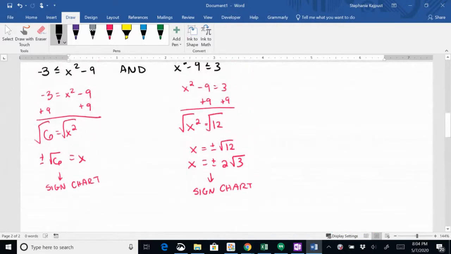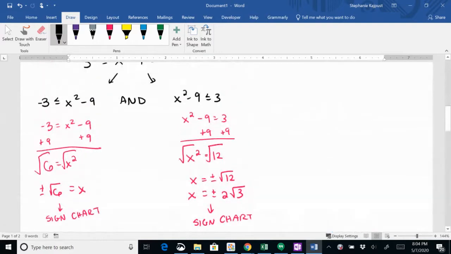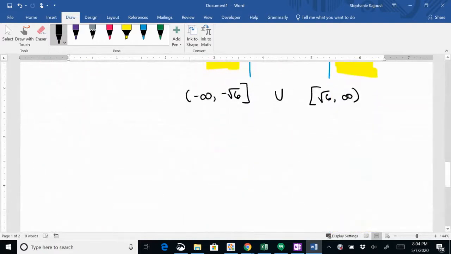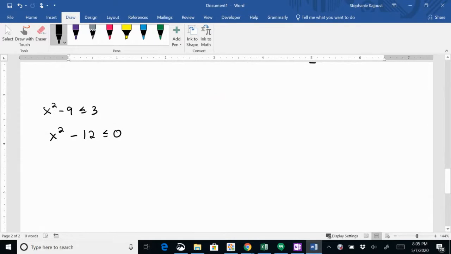Okay, now I have to do a sign chart for this other one, where I have basically the square root of 12 on either end. So that was x squared minus 9 less than or equal to 3, which became x squared minus 12 less than or equal to 0. And if that's in the correct form, so now we're going to be looking at negatives when we make our sign chart.